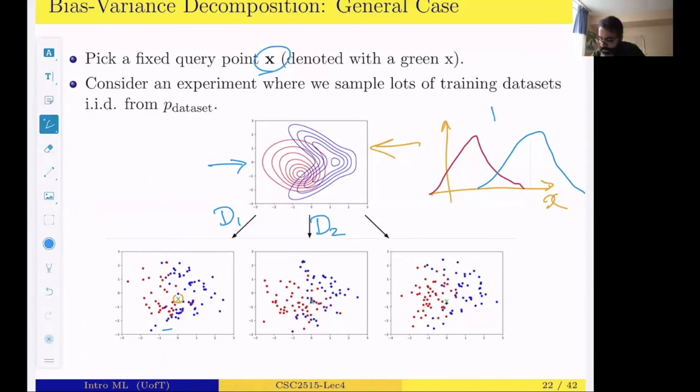Yes, this is the probability distribution of the feature vector. Exactly. So it would be P of x conditional on t equal to 0, and the other one for blue. So there would be an overlap between the features that we get between two classes.